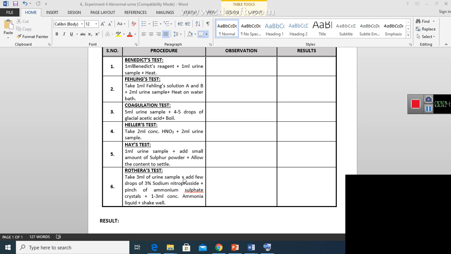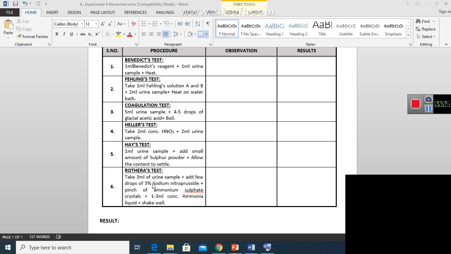And one more thing, you have to strictly follow the instructions that are indicated in each test, or that are asked for to perform the test. For example, if it is written in Rothera's test that you have to take a few drops of sodium nitroprusside, that should be 3%. So your sodium nitroprusside at any cost should be 3%, not less and not more than that.